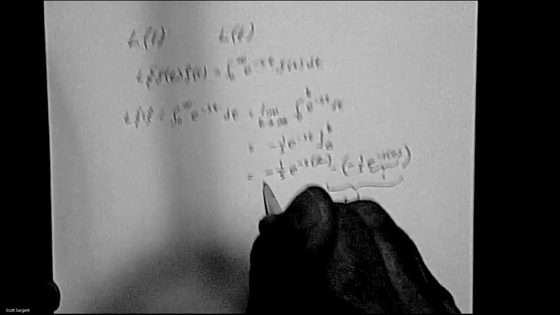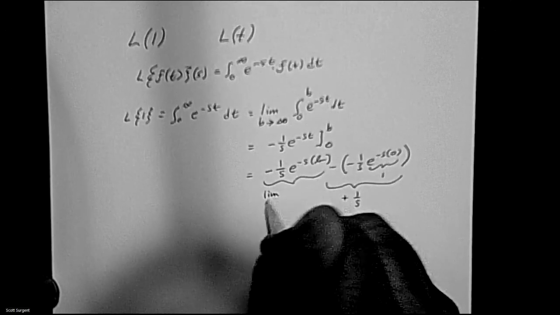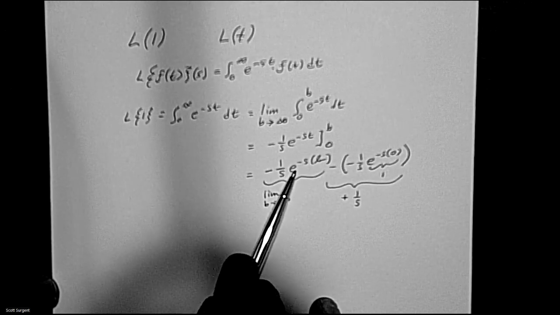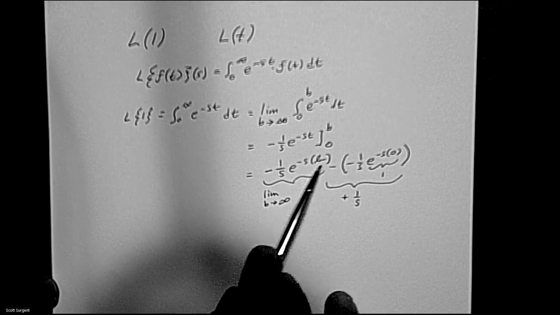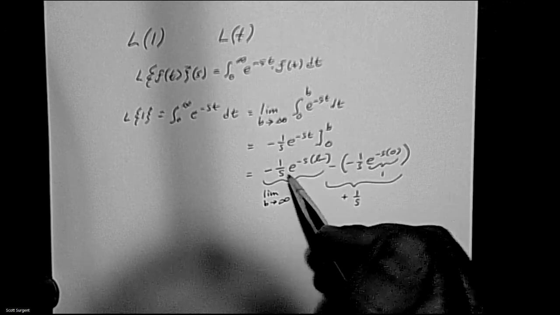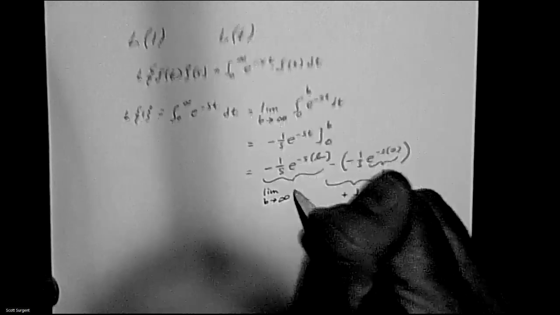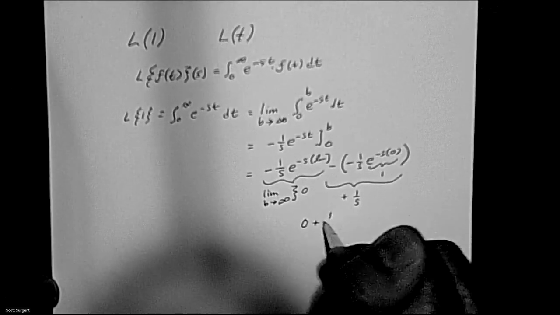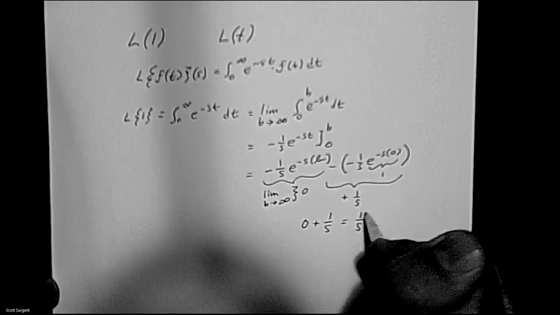In the first case, we take the limit as b goes to infinity. You're raising e to a very large negative number, so e is sitting in the denominator and overwhelms everything, and this whole thing trends to 0. So you end with 0 plus 1 over s, which is just 1 over s.